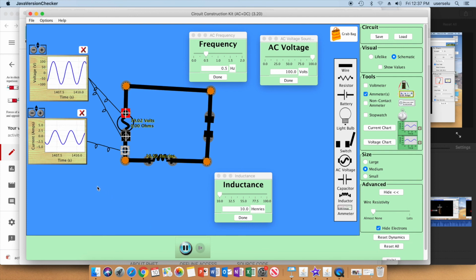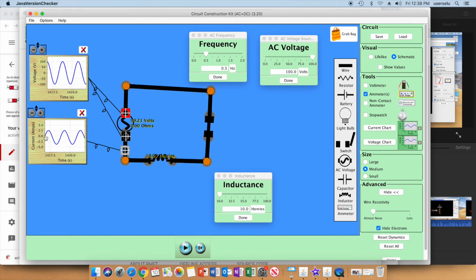What I do want to show, though, is a close, careful assessment of the phase relationship between the voltage and current in this particular circuit. So I have stopped the voltage at its max. The voltage, as you can see in the top graph, is at plus 100. While the voltage is at plus 100, the current is reading 0.